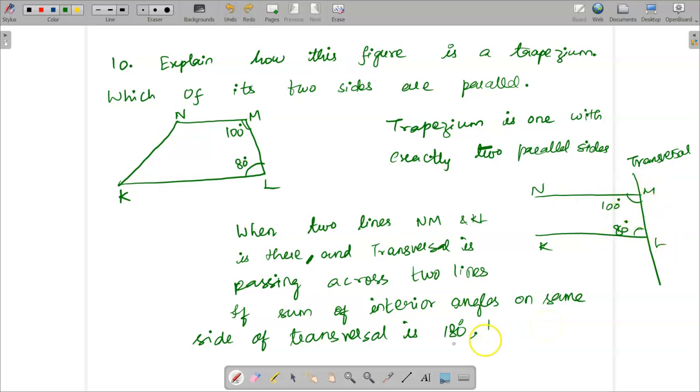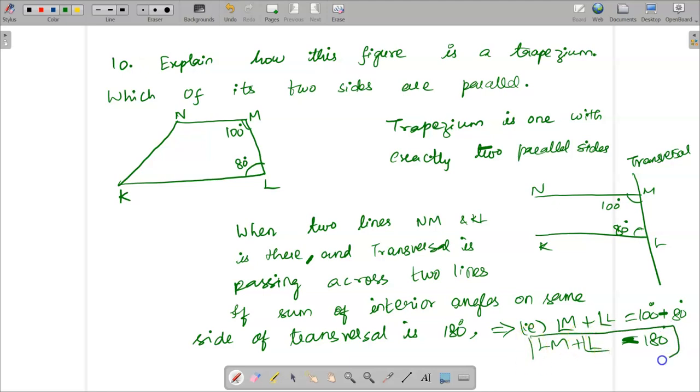So that is what I have: angle M plus angle L. These two angles are interior angles on the same side of the transversal. It is 100 plus 80, which is nothing but 180 degrees. So angle M plus angle L is equal to 180 degrees, it is proved.